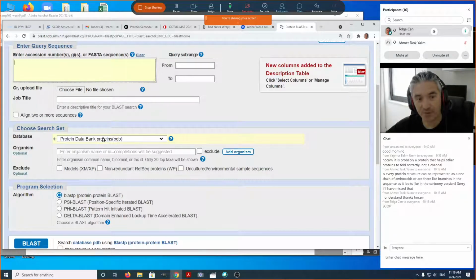That protein data bank protein that I have found, I can then just grab its structure and use it as a template to predict my structure for my new sequence. So there will be differences. Just 50% sequence similarity does not mean that they will have the exact same structure. There will be differences, but parts that align with each other, usually, as a rule of thumb, if you have more than 50 or 60% similarity, homology modeling is going to give good results.